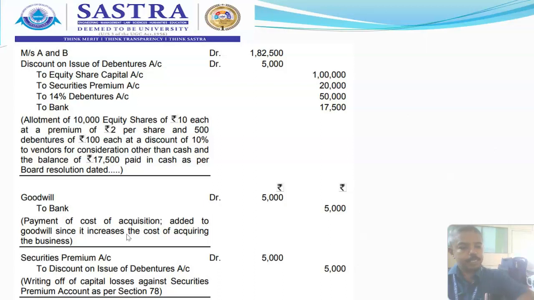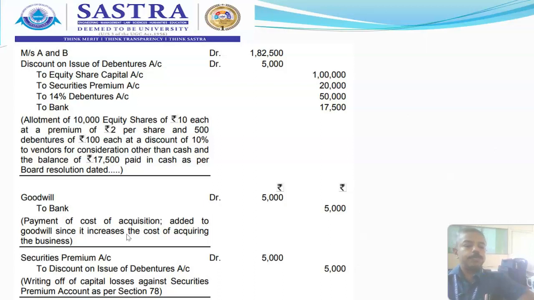So it is part of acquiring the business. Hence, this has to be shown under goodwill in the asset side of the balance sheet. So now we have passed all the journal entries. We have completed all the journal entries as per the adjustments and transactions given in this question.